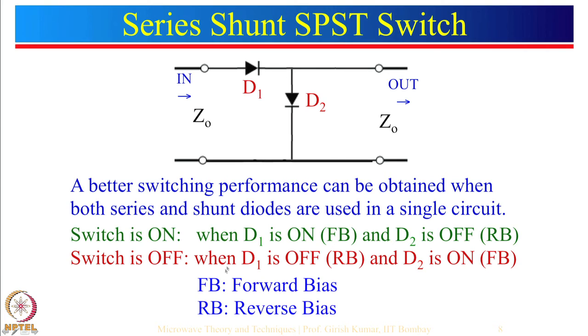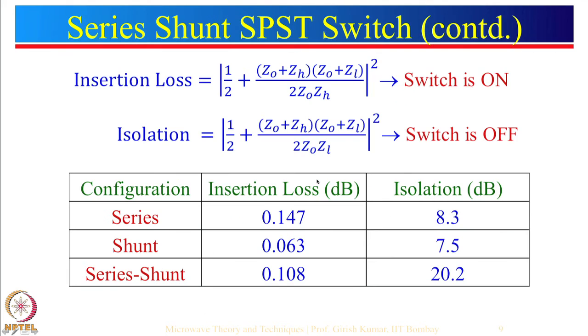For this part you can write the ABCD parameters as 1 Z 0 1, and for this part as 1 0 Y 1. Multiply the two matrices to get the combined ABCD parameters, and from that we can find out the insertion loss and isolation.